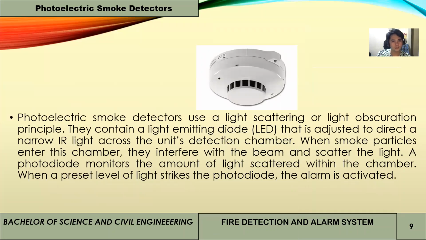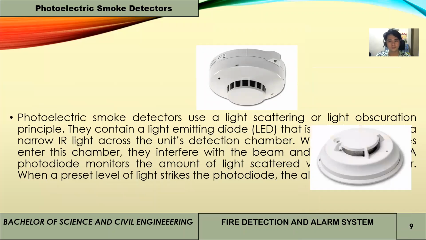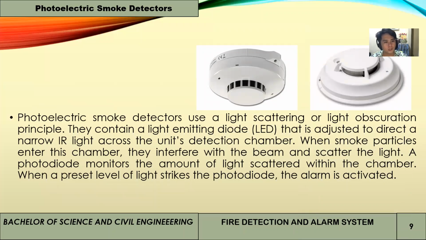The photoelectric smoke detectors. Photoelectric smoke detectors use a light scattering or light obscuration principle. They contain a light emitting diode or LED that is adjusted to detect a narrow infrared light across the unit's detection chamber.